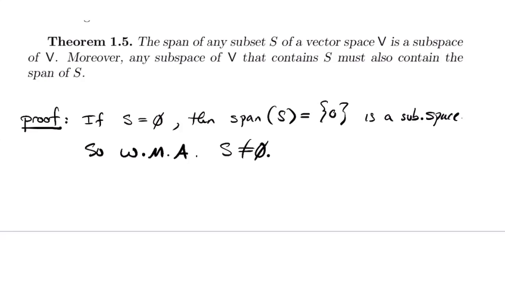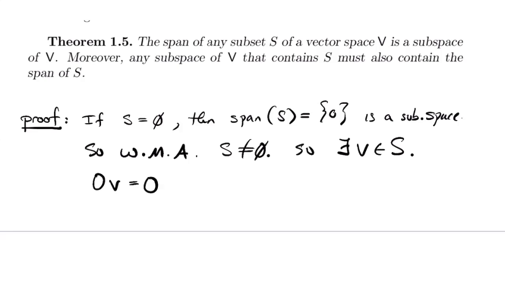Well, if S isn't empty, there has to exist some vector V in S, right? Because it's not an empty set. And if I take the 0 scalar and I multiply it by that vector V, I get the 0 vector, right?